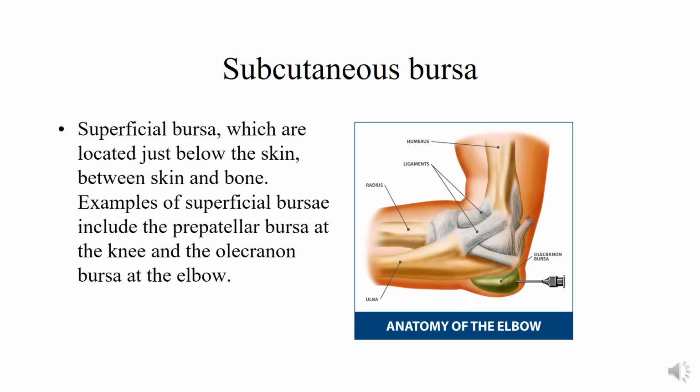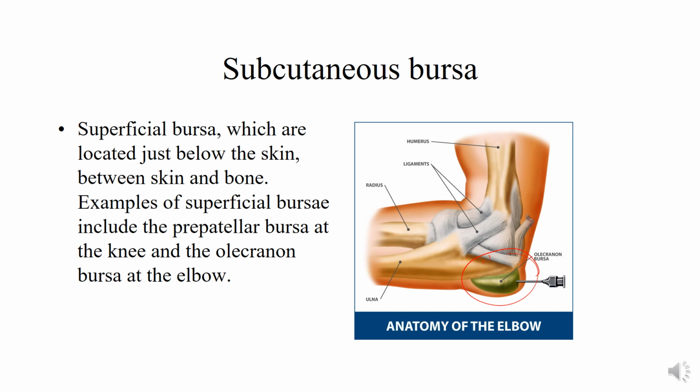Now, subcutaneous bursa is a superficial bursa located just below the skin, between the skin and the bone. Examples of the superficial bursa include the prepatellar bursa at the knee and the olecranon bursa at the elbow joint. A well-known condition known as student's elbow is the inflammation of this olecranon bursa, which is located at the elbow joint beneath the skin and between the bones.